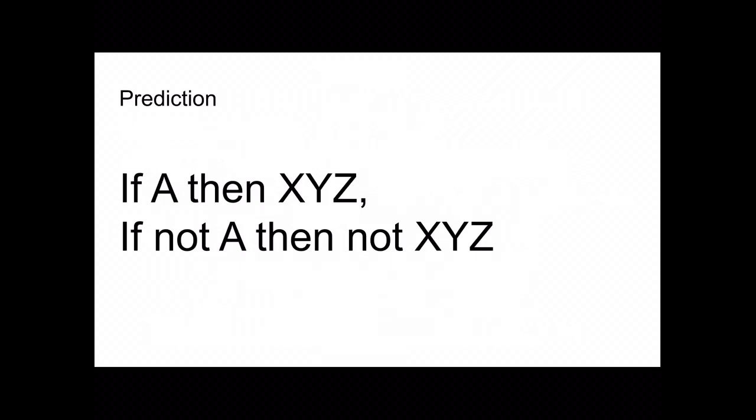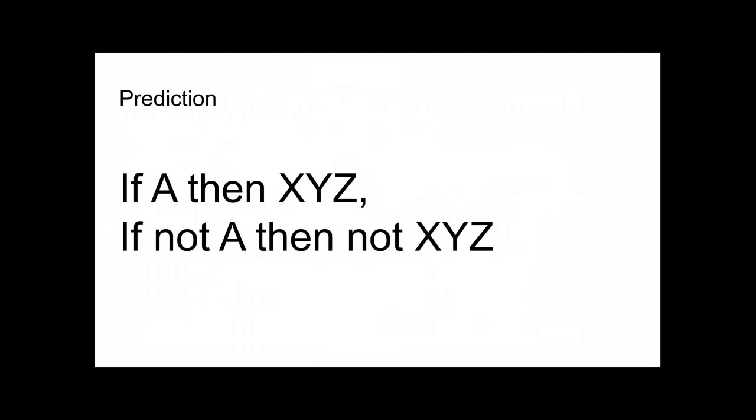And then the flip side of that, if not A, then not XYZ. Those two statements say the exact same thing. So if we don't get XYZ, then A is not what's happening there. This is a basic logic statement, and this is what we're doing with the prediction.